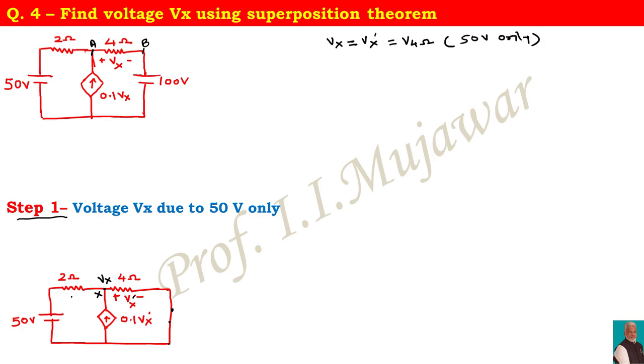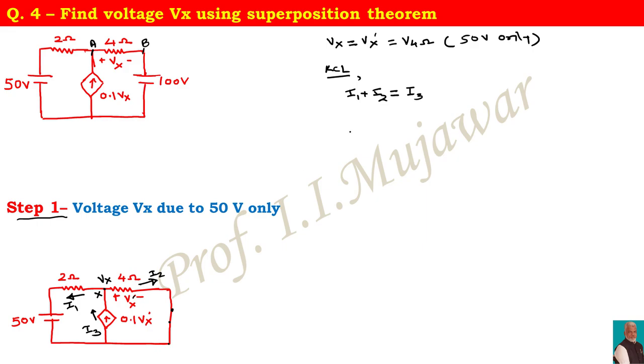Whatever the unknown current is, I will assume that current in this direction. This is the known current, whose direction is given like this. If it is I, then applying KCL, two currents are leaving, so it is I1 plus I2, equal to the incoming current, that is I3.